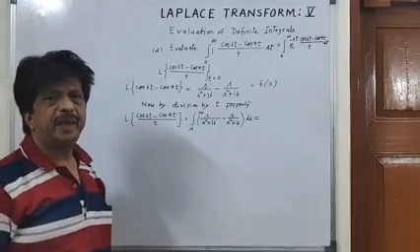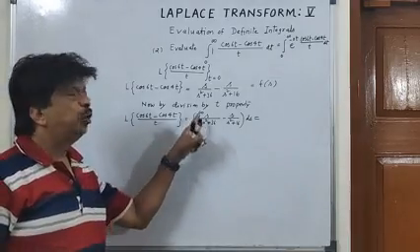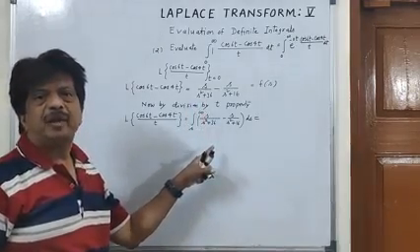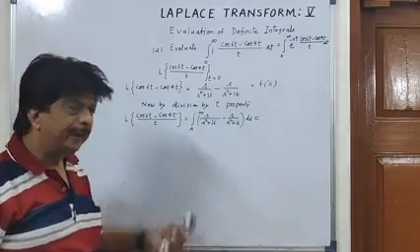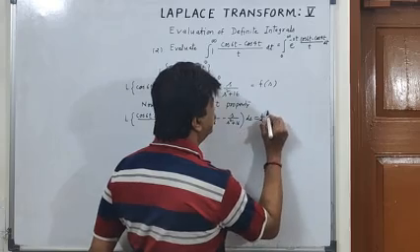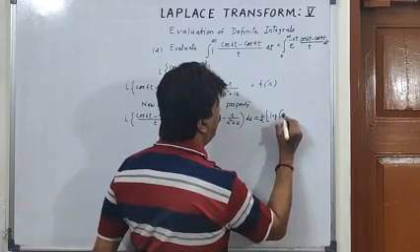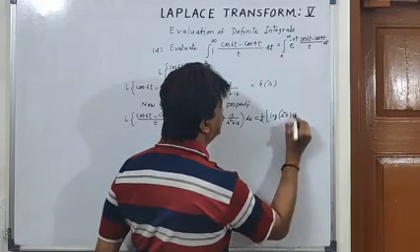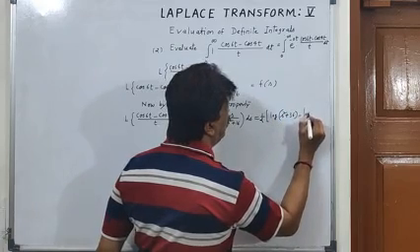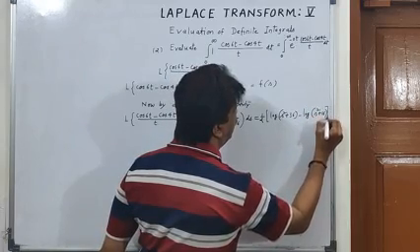The integral is very easy. If you multiply and divide by 2, the numerator becomes the derivative of the denominator. So the integral is log of the denominator. It is equal to 1 by 2 times log of s square plus 36 minus log of s square plus 16.